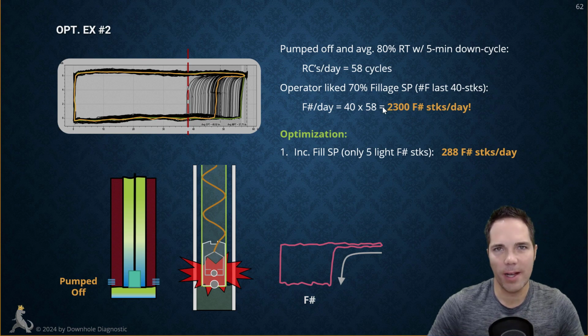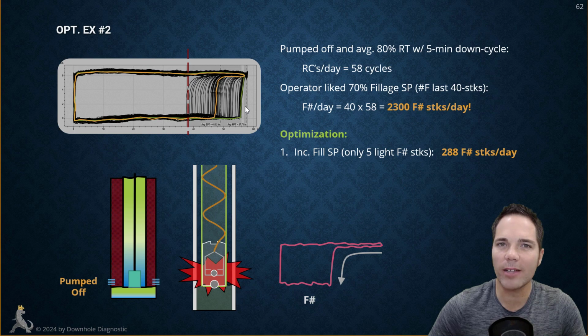So how do we optimize this particular well? Well, it's incredibly simple, as long as you have the feedback from the well, right? The easiest thing to do here is increase the fillage set point. So we only have, for example, 5 light fluid pound strokes per day. So instead of having that 70% fillage set point that they liked in this well that was extremely damaging, let's pull that up much higher here.